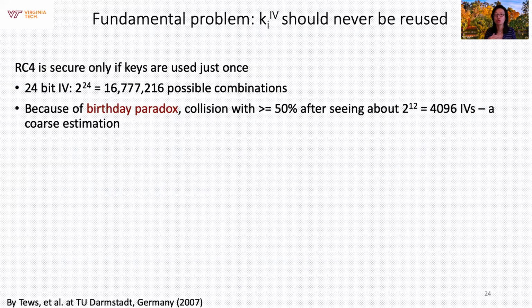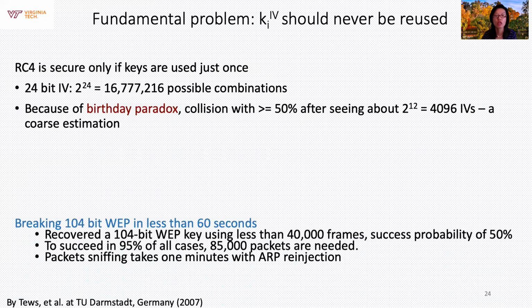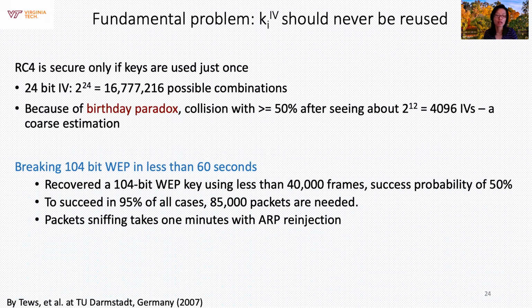If you are doing wireless transmission, one frame for one key, pretty quickly you're going to have wraparound, and that's what the researchers demonstrated back in 2007. You can break WEP in just a few minutes. It's really insecure.